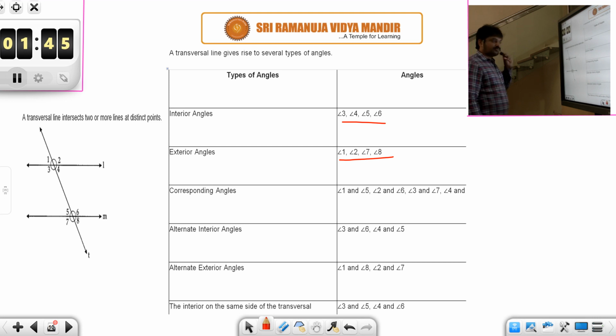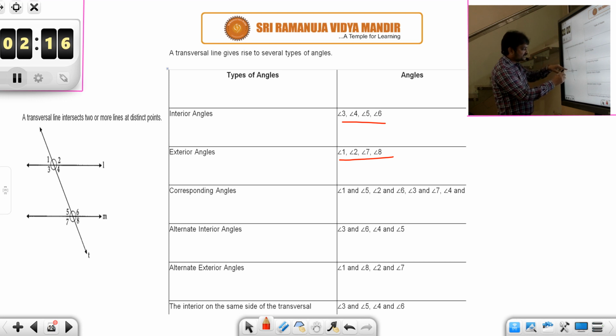And then corresponding angles, what do we mean by corresponding angles? A corresponding angle means an angle formed in a similar manner with the transversal. Here, the transversal intersects the parallel line L and forms an angle 1 above L, towards the left side of the transversal.